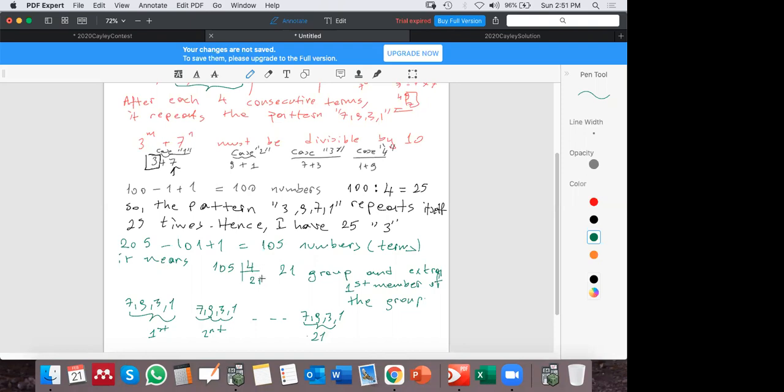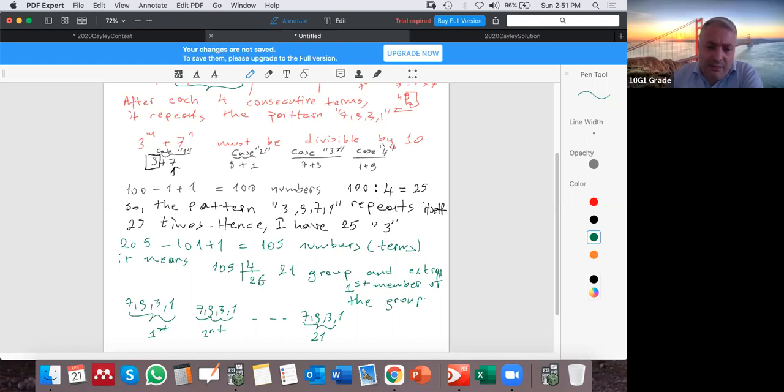It's 25 or 26? 26, sir. So 26 groups repeat, and the other one, which is the term 105, since 7931, 7931 always repeats, is not a group, it's a single, and it is also 7.